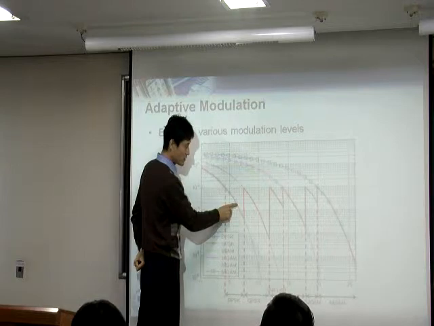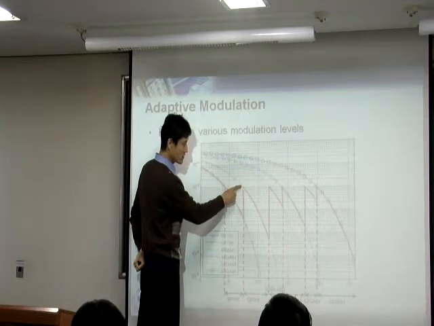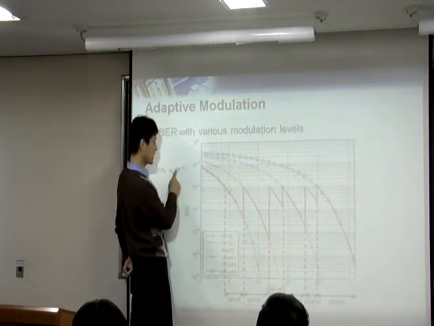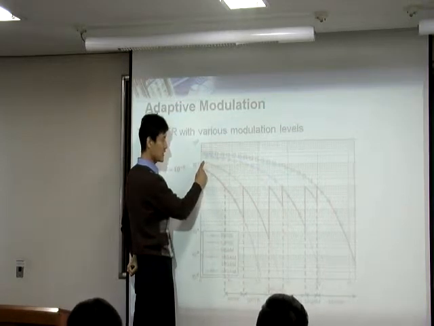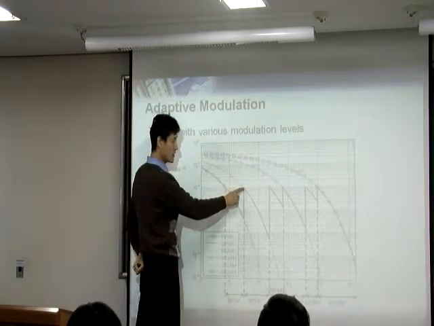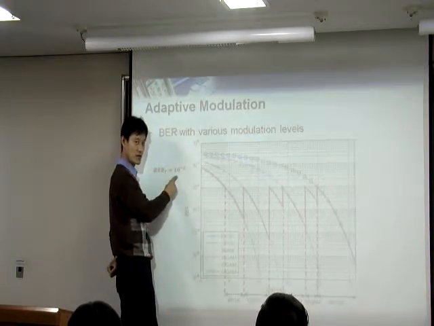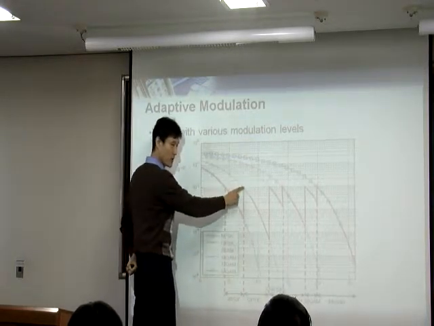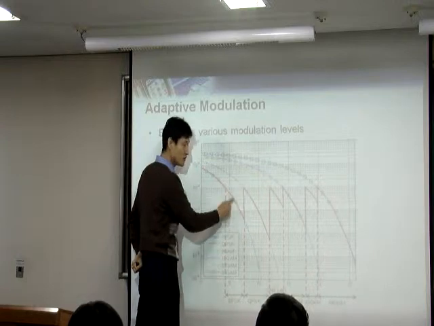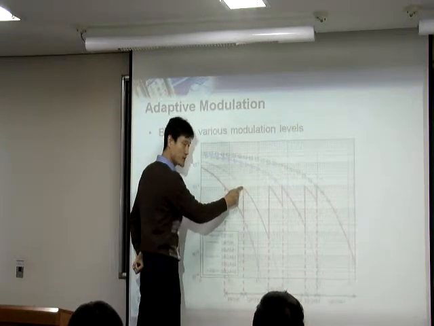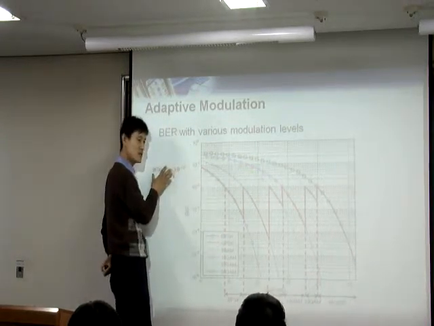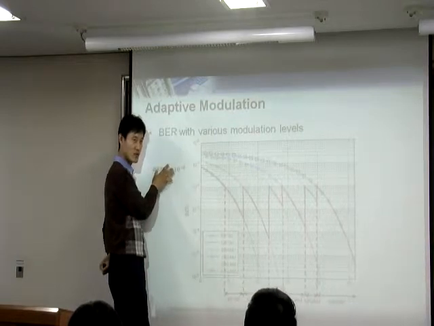Until your next modulation satisfies this target bit error rate. Your QPSK goes down, and at this point, your QPSK satisfies your target bit error rate, right? So at that point, now you switch. Even though you switch, your QPSK still meets your needs, okay? Still your 10 to the minus 2.